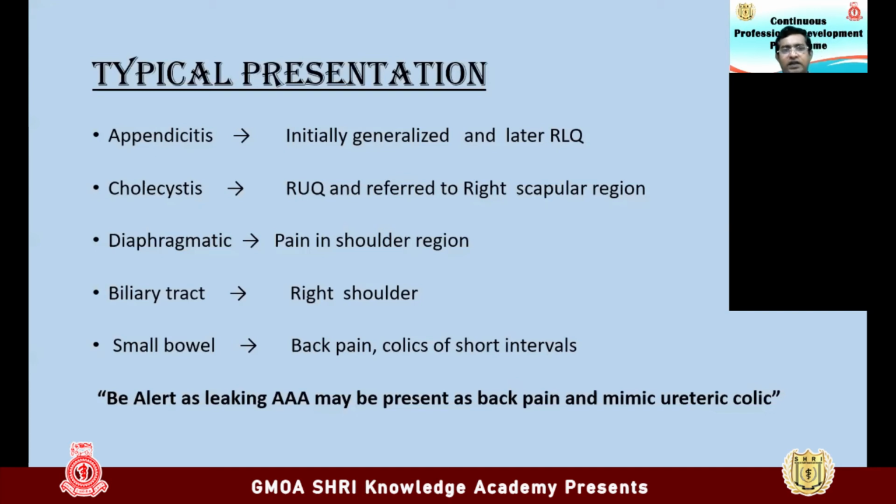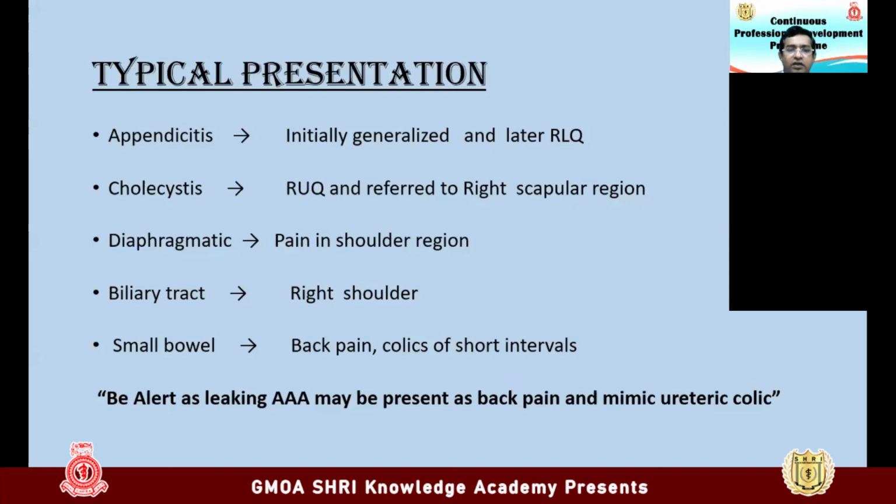Appendicitis, as I mentioned earlier, is initially generalized, then right lower quadrant. Cholecystitis gives referred pain, so the patient has right upper quadrant tenderness, and pain can radiate to the right scapular region due to this referred pain mechanism. Diaphragmatic irritation, as I mentioned, refers to the right shoulder area.